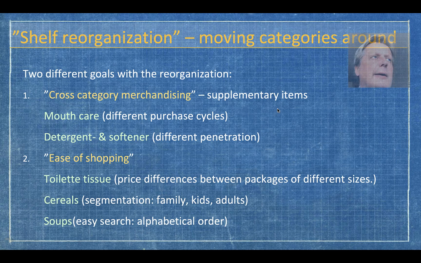In mouth care, the case is that you replenish your toothpaste as soon as you don't have any toothpaste left, but you do not buy a new toothbrush every time you buy new toothpaste. Actually, dentists think that a toothbrush lasts between 6 and 8 weeks, but on average, people in the UK buy a new toothbrush every 9th month.